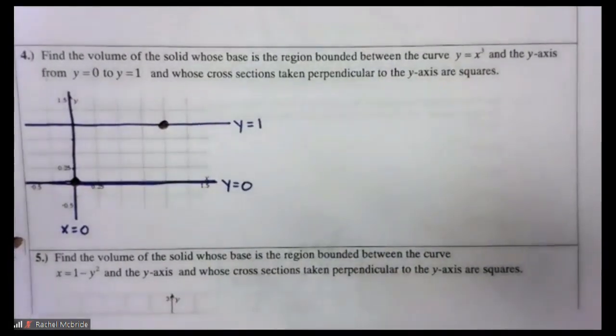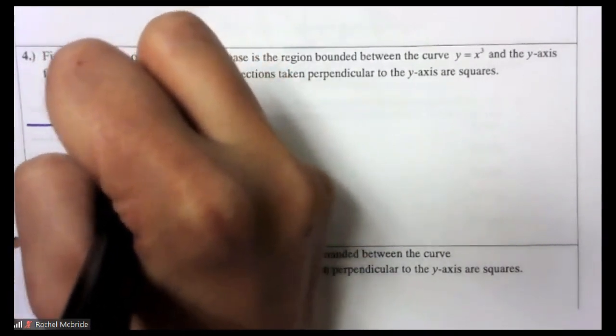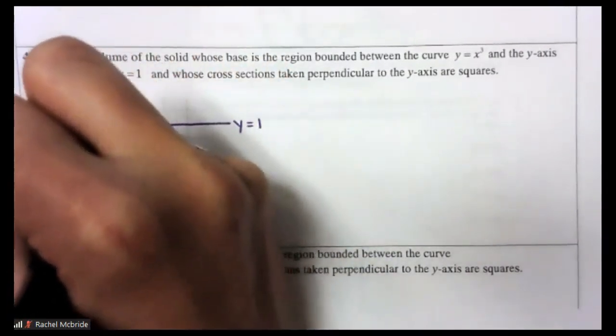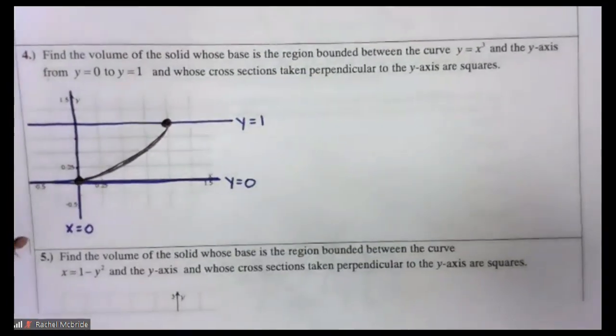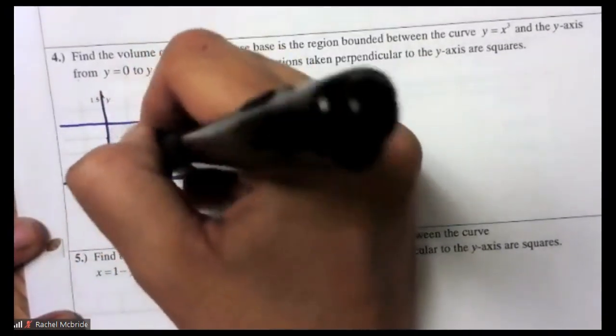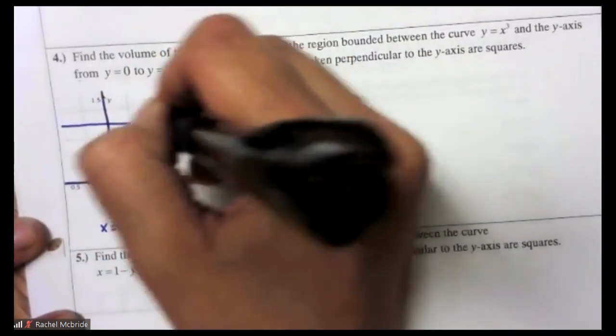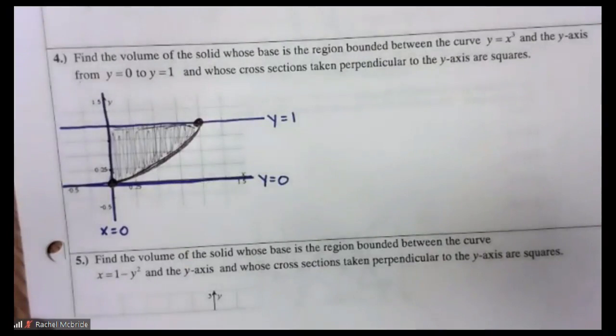So my graph is here, which means my volume, or my space bounded, is here. So it's like a quarter circular shape in a way.